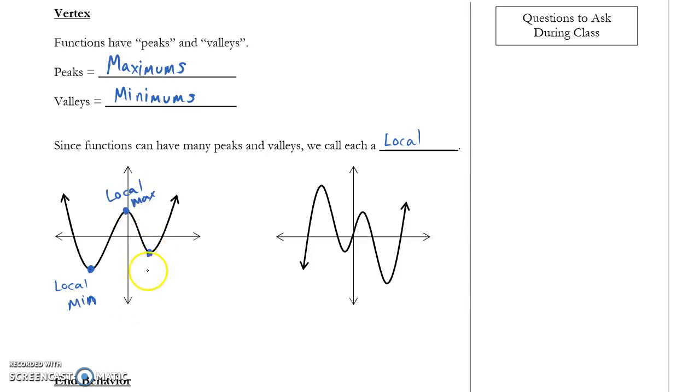And then another valley, that's another local min. This graph has two local minimums and one local maximum. In the graph on the right, I have two local maximums, it's a local max, and that's a local max. And I have two local minimums.